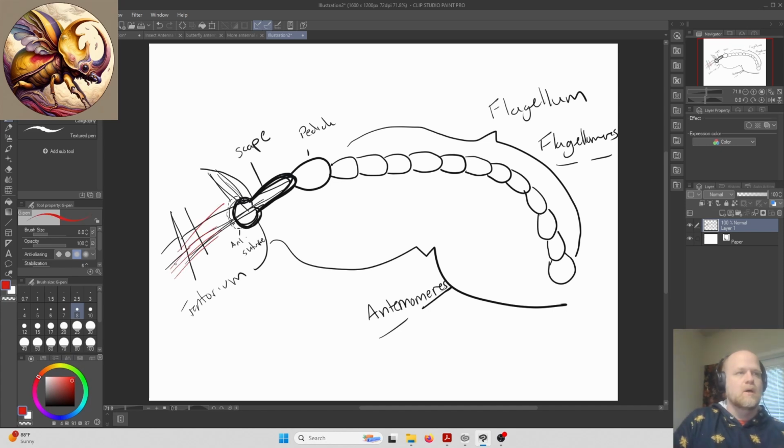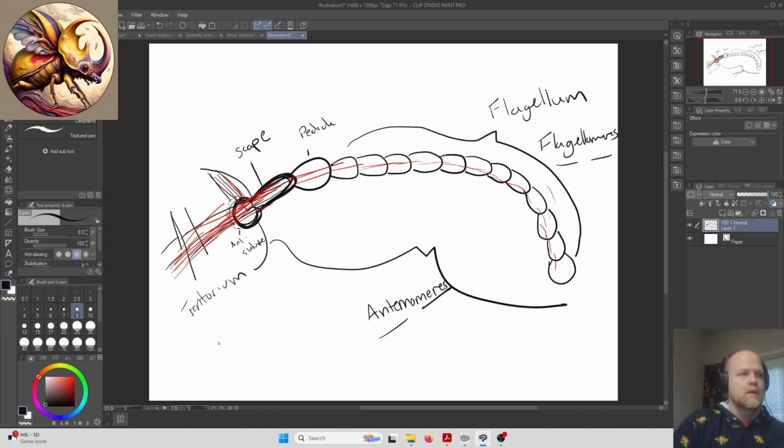So these are muscles going through, anchored to the tentorium. So this kind of acts as a bone for the muscles. And then there's more muscles from the scape to the pedicel. And then each of these has muscles running through it so that they have full muscular control of the antenna, and it can go back and forth, all directions.